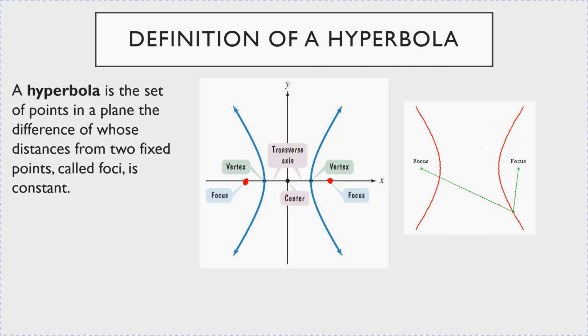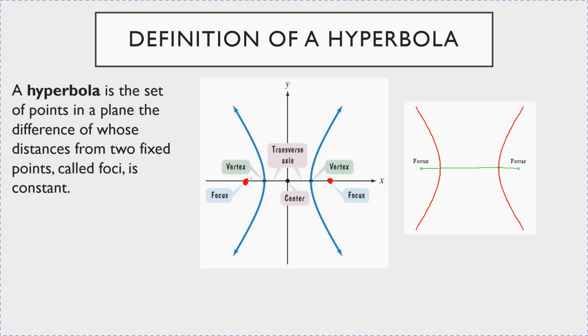Notice how they're each getting bigger, but if you were to take their difference, it would stay a constant number. So this distance minus this distance would be constant. That's all hyperbolas: all the points such that the difference is constant. And there are two sides too, because if you took the distances from the foci on the other side, the difference would also be constant.